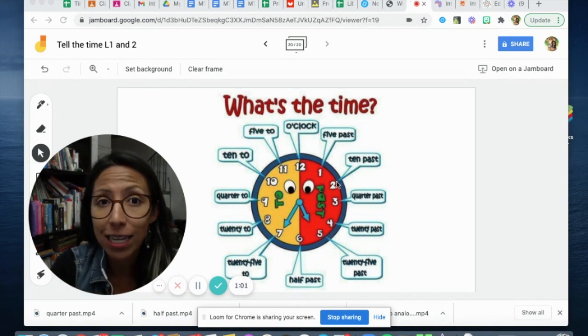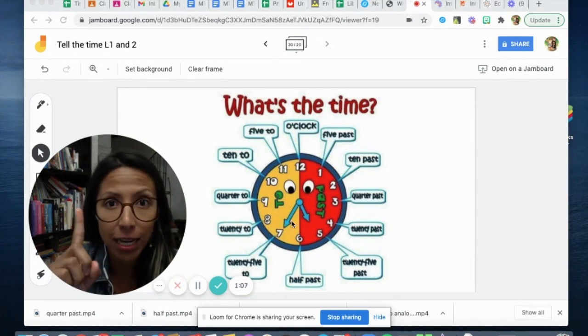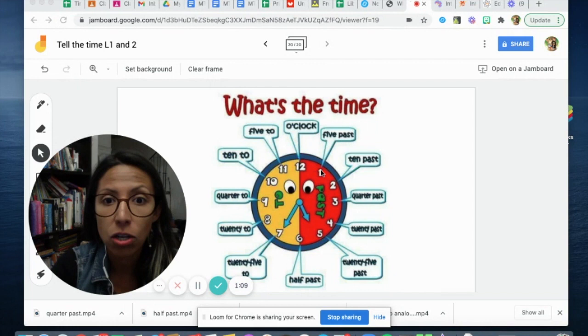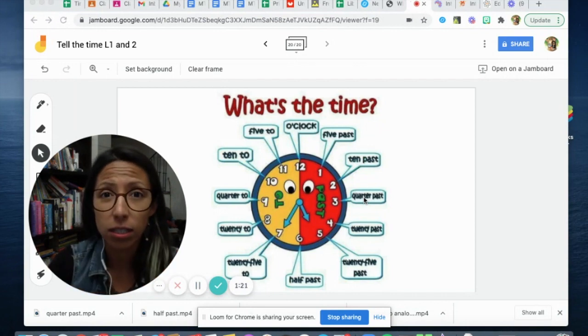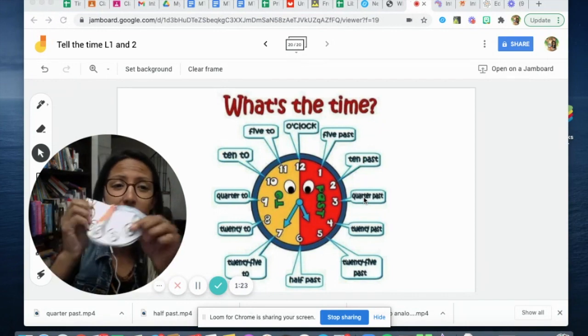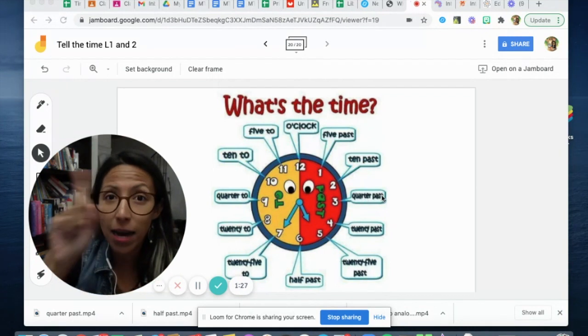If the minute hand is pointing at the number 2, remember, minute hand, we're talking about the minutes. So we don't say 2, we say 10. 10 minutes past the hour. 15 minutes is a quarter. A quarter, as if it was a pizza. Quarter past.